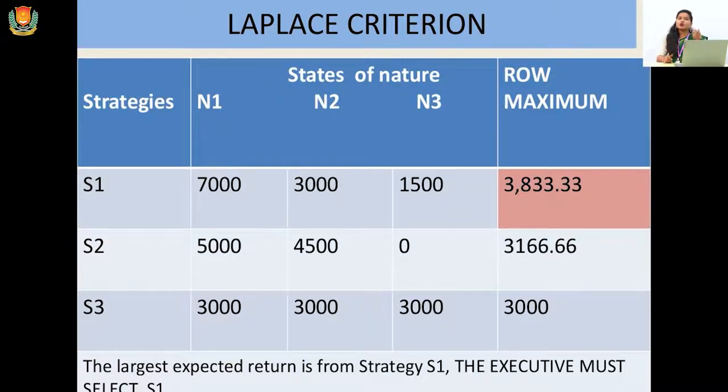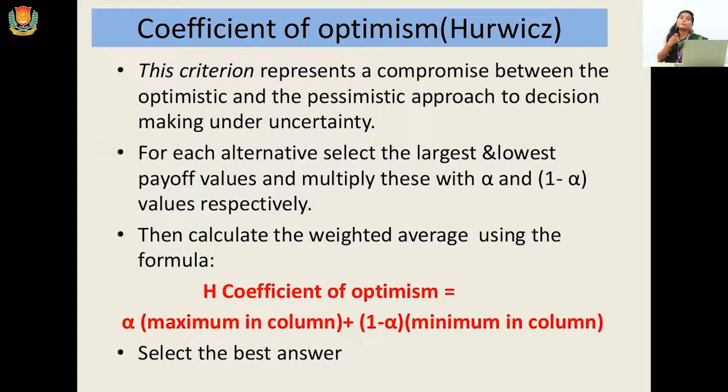What you need to do is add up all the row values and divide by the number of states of nature. For example, here we have three states of nature, so you divide the sum of all the row values by 3, which gives you the row average value, and from all of them you choose the best one, meaning the maximum one.